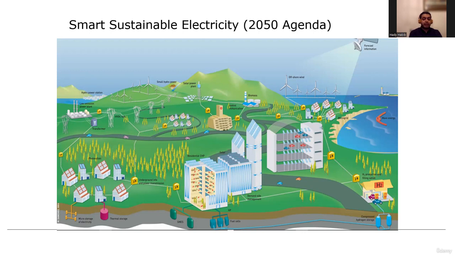Let me say that there are countries which are moving in a fast way to achieve this even before 2050. In fact, the world is focusing a lot on turning communities and countries to 100% renewable energy.